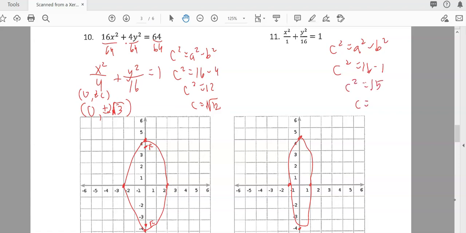So c equals the square root of 15, which is almost 4, 3.9-ish, down 3.9-ish. The focus is right inside of that. On the major axis there, the ordered pairs would be 0, comma, plus or minus square root of 15, which I don't think simplifies.